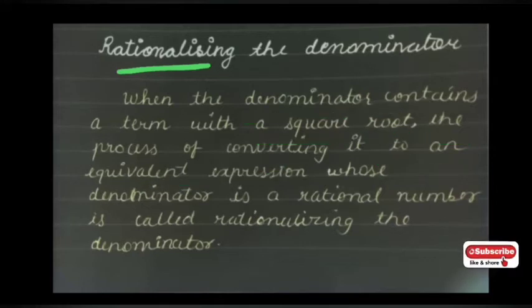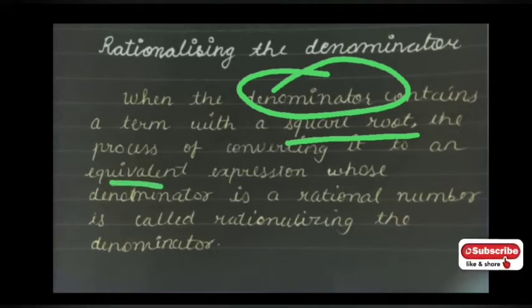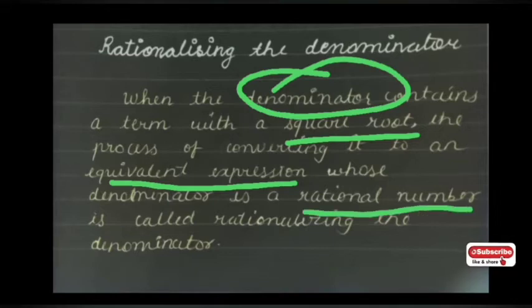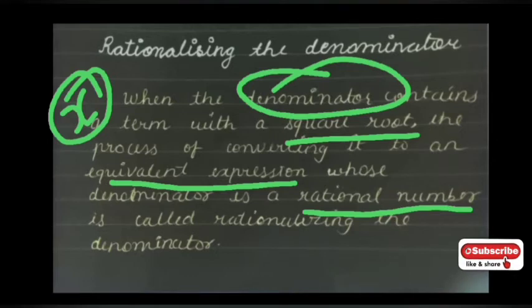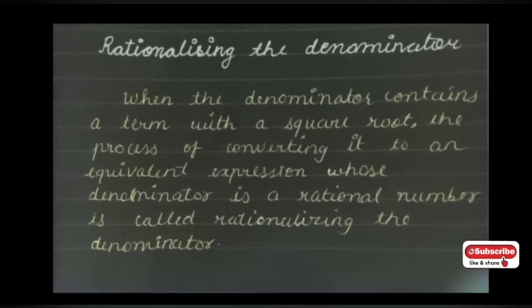So you have an expression whose denominator contains a square root number, and you have to convert it into an equivalent expression whose denominator will be a rational number. That process is called rationalizing the denominator.